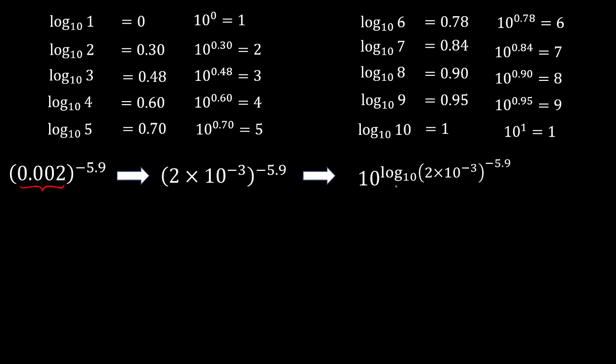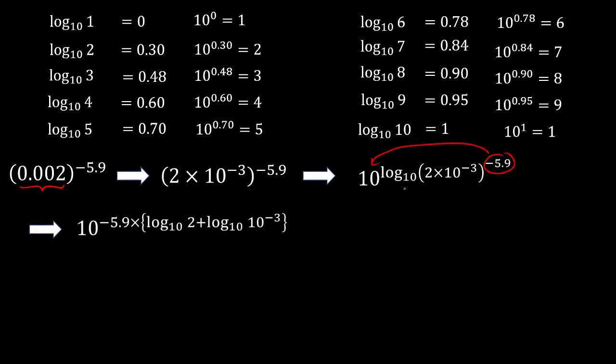Okay, so now I change the base to 10, and I know that this will be multiplied to this whole part here, and the logarithmic part, again you can distribute the logarithm on multiplication, and you can add this, and then you know the value of log 10 2, you know the value of this also, right?